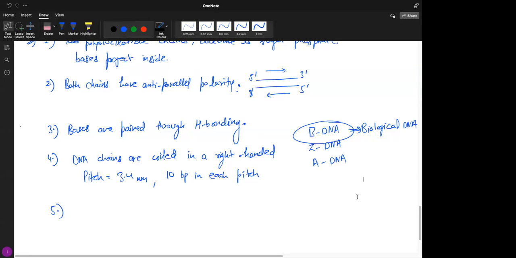So write down: the plane of one base pair stacks over the other in the double helix.